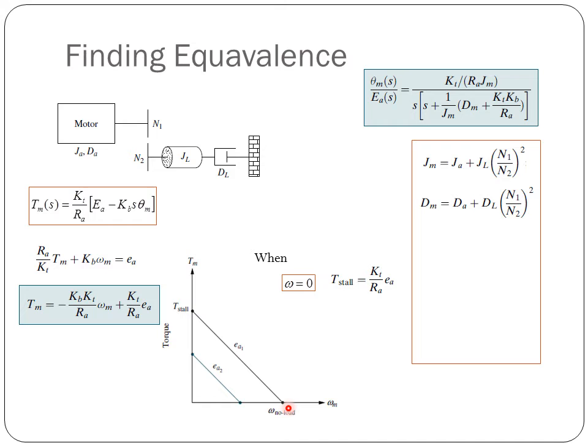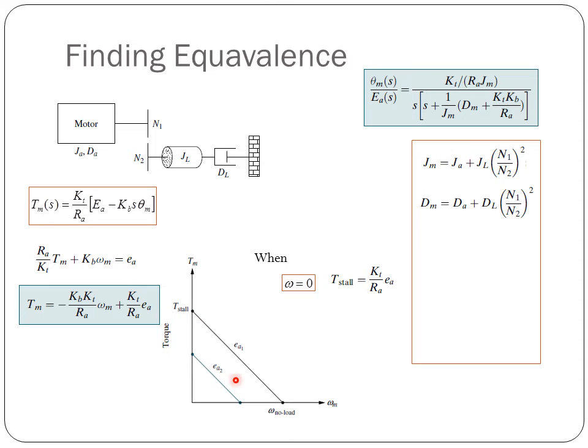If we decrease omega m to 0, which can be achieved just by holding the rotor by our hand and stopping it, we will feel a torque in our hand, and that torque is the stall torque.